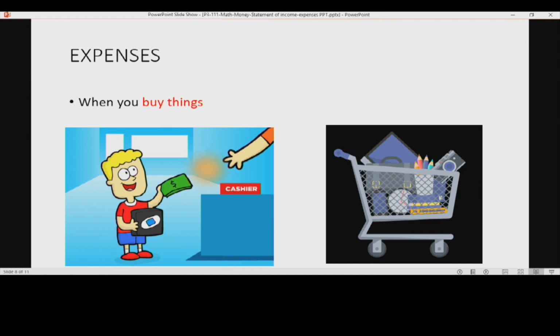For example, food. Or items for school. Pencils. Rulers. Notebooks. If we have to buy these things, they are what we call an expense.